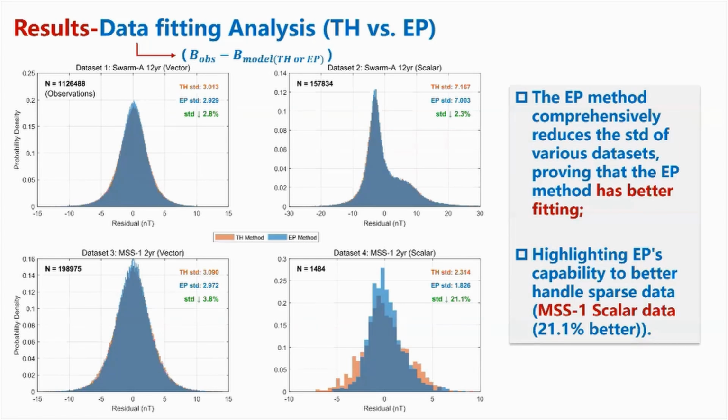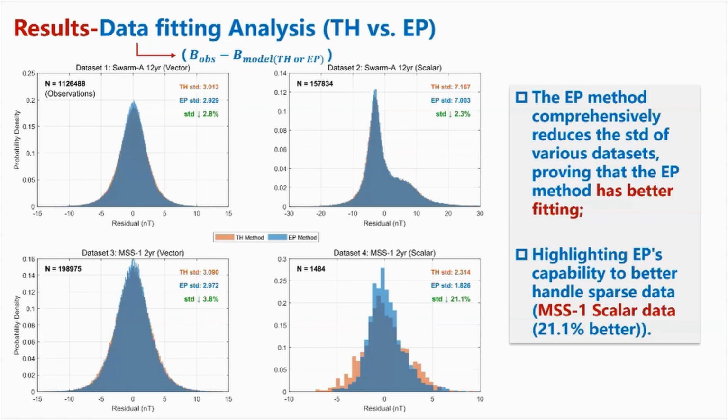And here is the 2 years MSS-1 data set with scalar values. In each panel, I also calculate the standard deviation for the TH model and for the EP model.